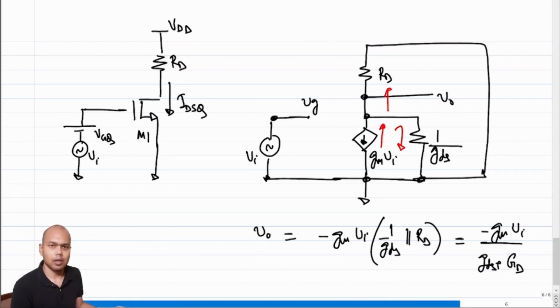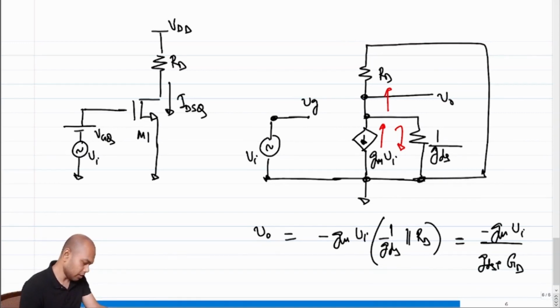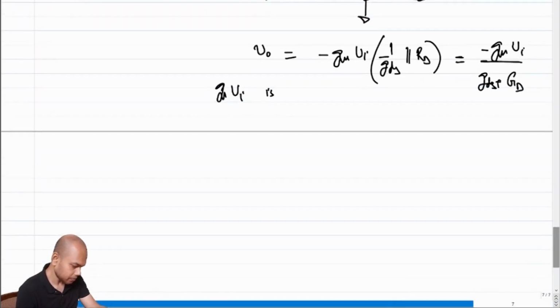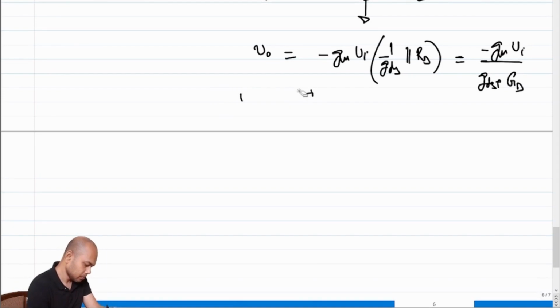right? So what is the effect of channel length modulation? The effect of channel length modulation is the current Gm Vi is getting, let me write it fully.